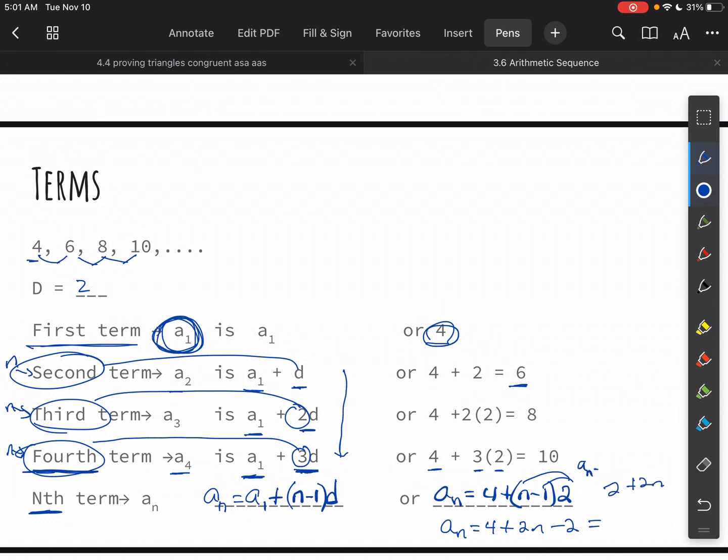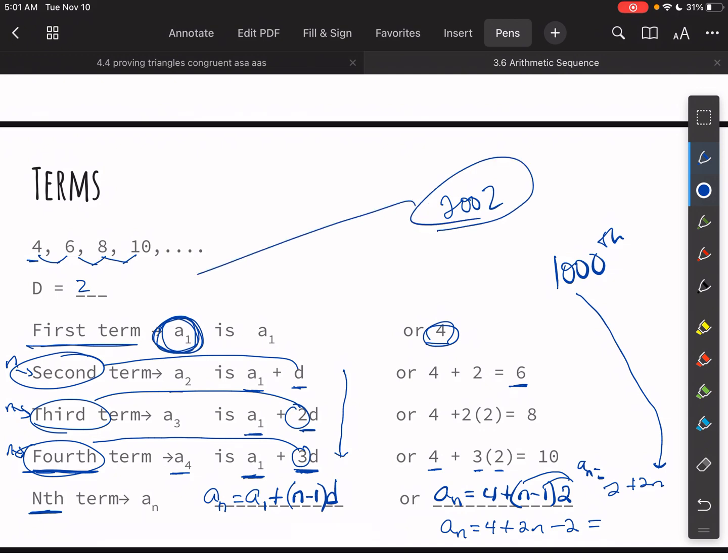Okay, so my nth term is equal to 2 plus 2n. So now if I said, what's the 1000th term here? You can plug 1000 in here, and what you end up with is 2002. So the 1000th term in that sequence would be 2002.